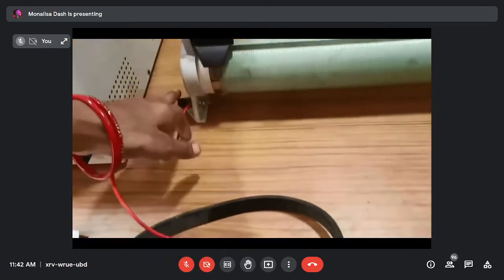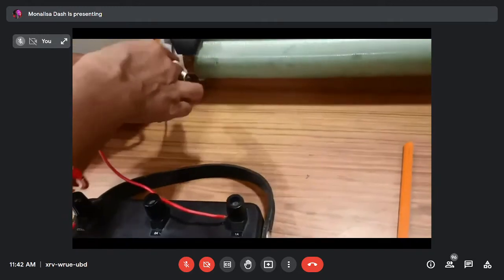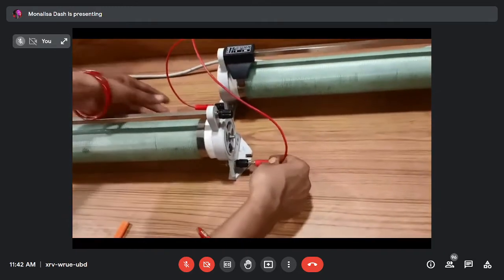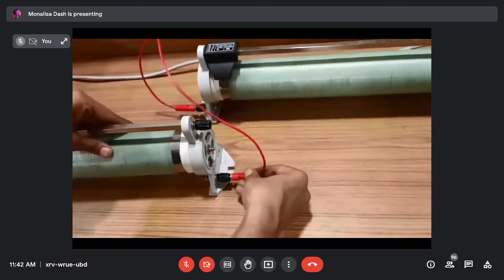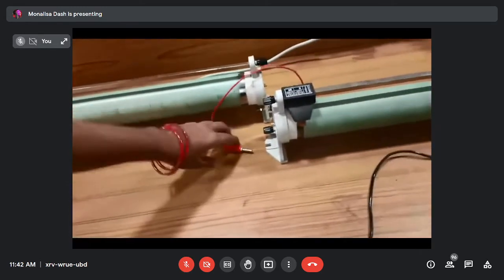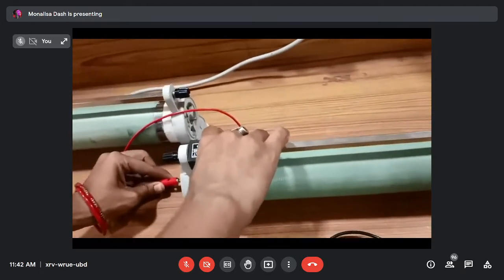Then this is the first end of my rheostat, 1 ampere to one fixed end of the rheostat. Then the second end to the first end of the second rheostat, and the second rheostat second end to the third rheostat first end.